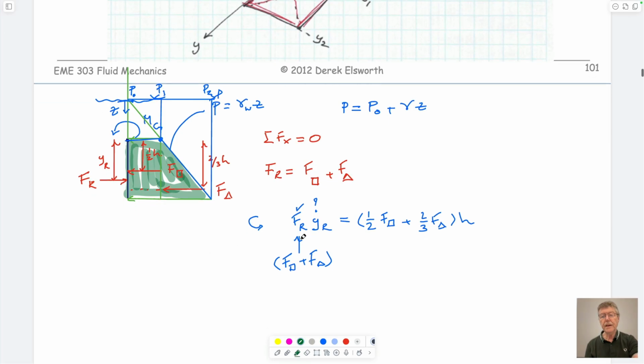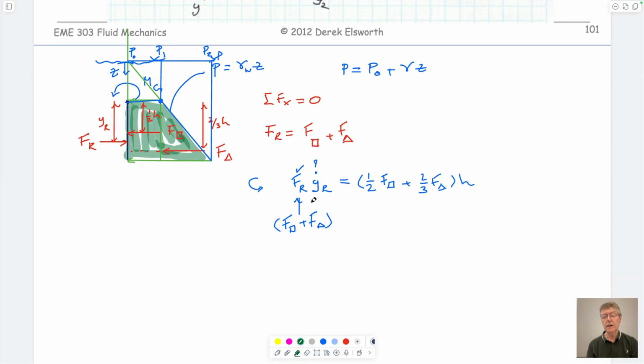If you think about doing it discretely, for a bar that has a force here, the sum of those two forces has to equal the resultant. You can take moments about the top of the bar, or you can take moments 10 feet above the top of the bar. You still get the same result. You can calculate the location of action of this force, and it would be correct.